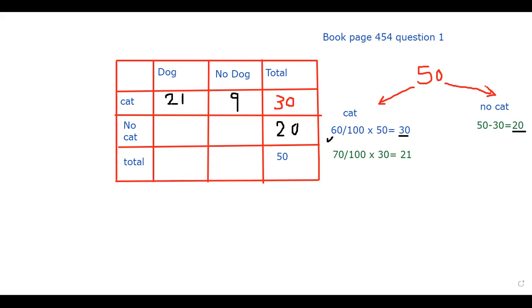He said how many percent of the students who don't have a cat have a dog? 75. So it will be 75% times 20. How many students have a dog? 15. So we will put 15. They don't have a cat, but they have a dog.